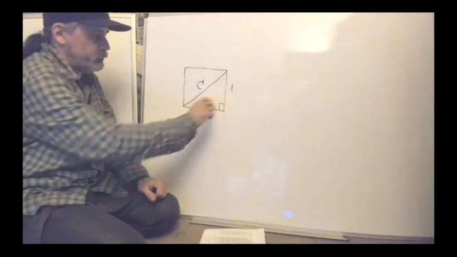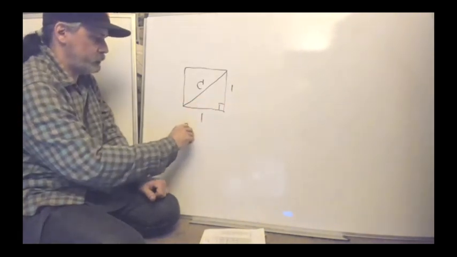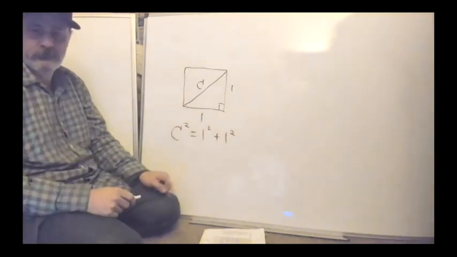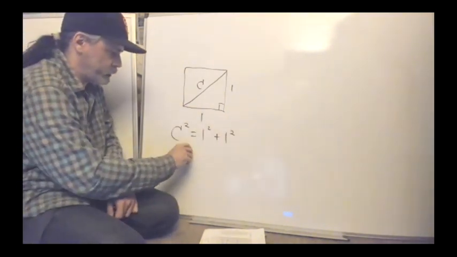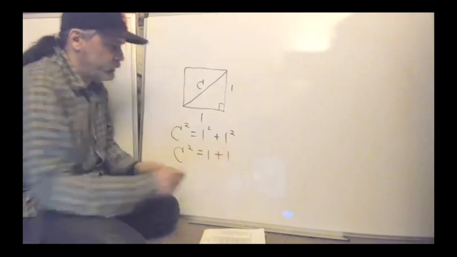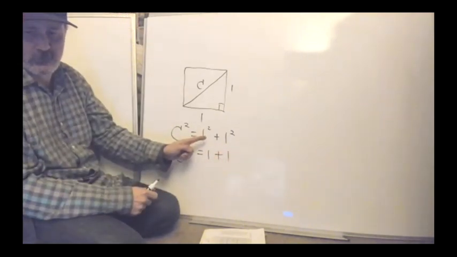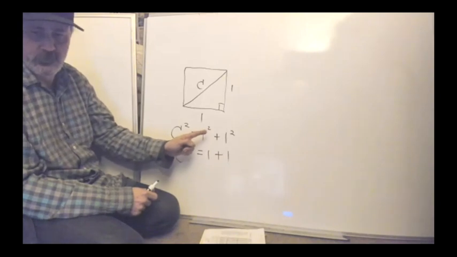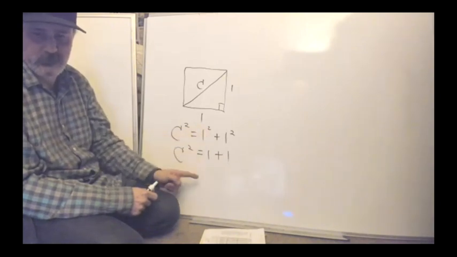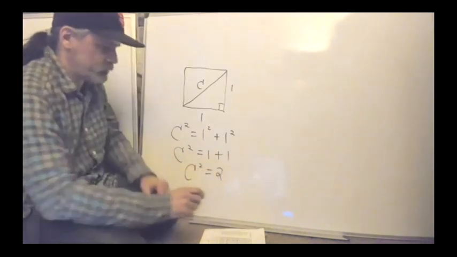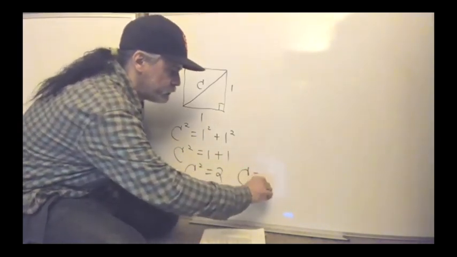This is going to be a right triangle. Okay, so c squared equals 1 squared plus 1 squared. All right, so then c squared equals 1 plus 1. That's not 2 times 1. Okay, 1 squared means 1 times 1. All right, that's 2. Okay, so we need to find the square root of 2.